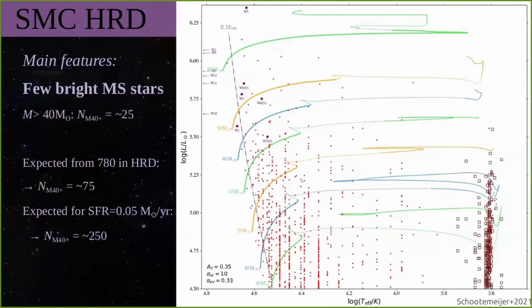Good, then we can finally start discussing features in our Hertzsprung-Russell diagram. The first feature is that there are not many bright stars. For example, the blue line is the 40 solar mass track. And in an entire galaxy, there are not that many stars above this track, of the order of 25.